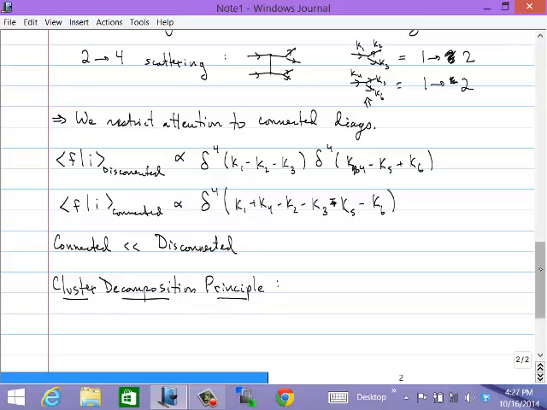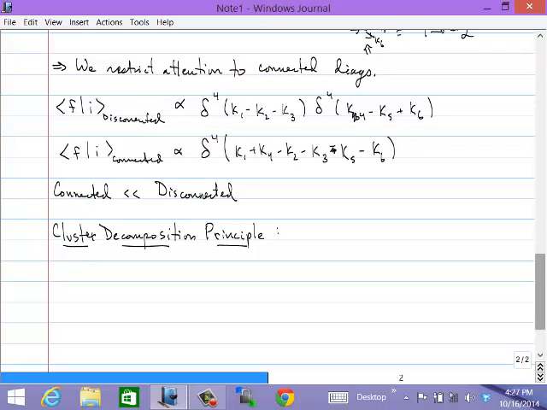The cluster decomposition principle is most easily understood if you think about particles in position space. So let's imagine that you're computing some expectation value of a bunch of field operators at positions x1 up to xn plus m.